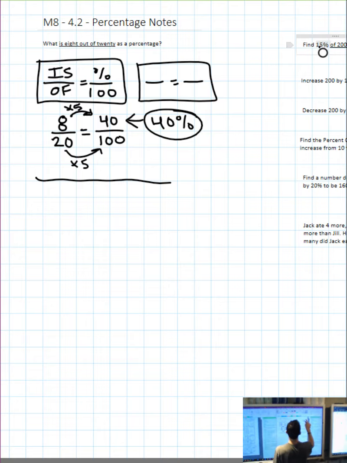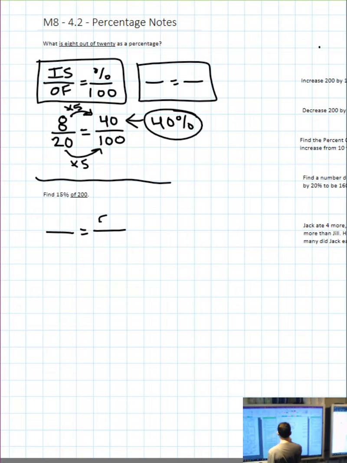Okay, the next one here. Find 15% of 200. So again, I'm going to start off with over equals over, and it says find 15. So that's on the top right, that's the percentage from the formula above in the square, put it over 100. Now of 200, where does that go?